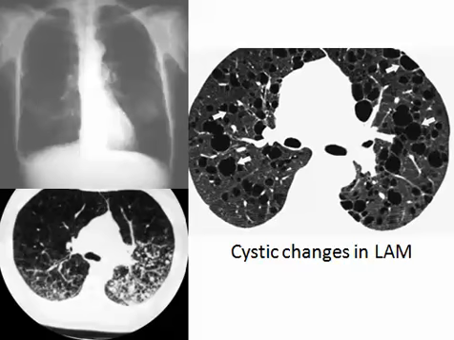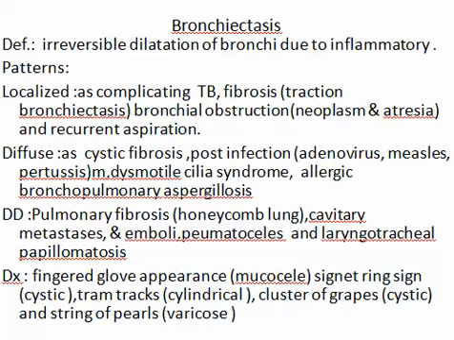Now coming to bronchiectasis, irreversible dilatation of bronchi, may be localized as in TB or fibrosis, as we call it, traction. All cases of interstitial lung fibrosis, interstitial lung disease may end with honeycombing and traction bronchiectasis.